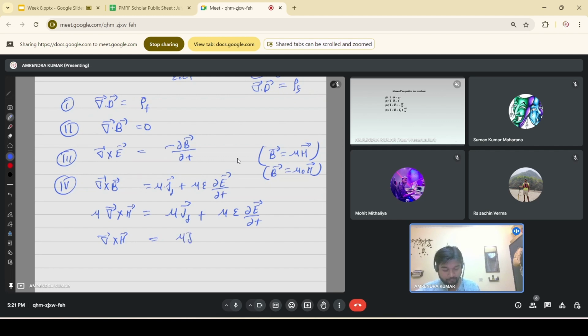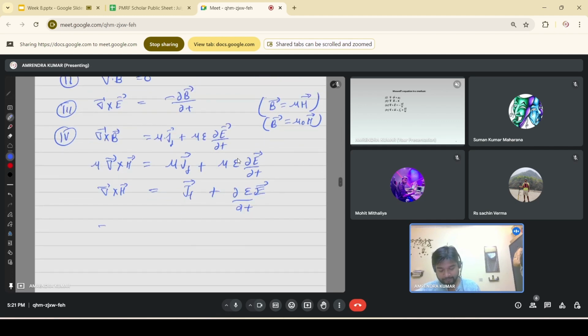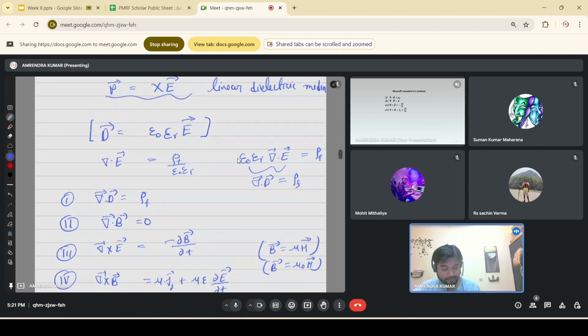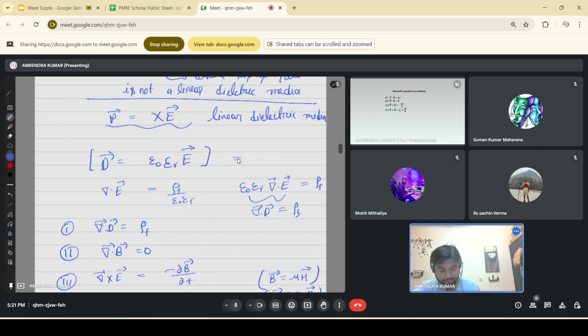Mu is gone from both sides, so this will be J free plus epsilon E, this del E over del t, and then this gives rise to del cross H equal to J free plus del D over del t, where D is the displacement vector.